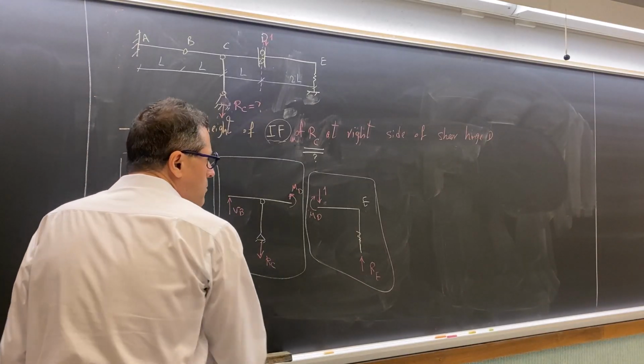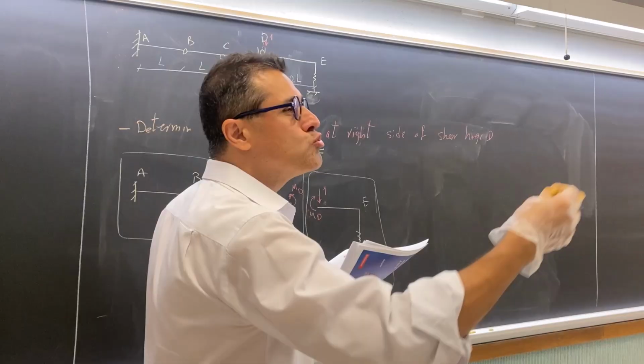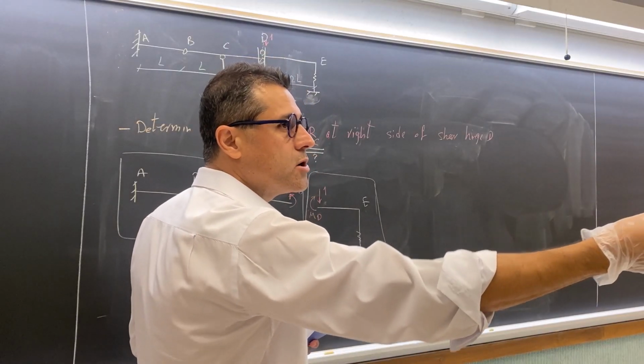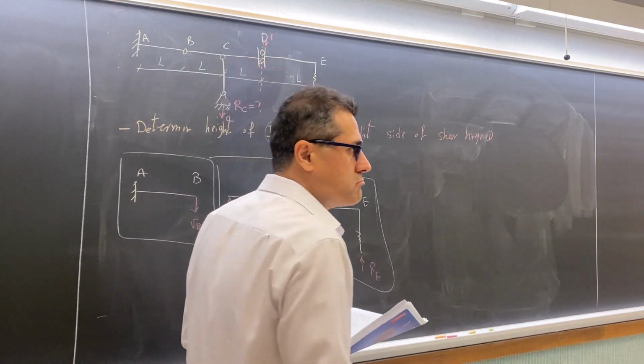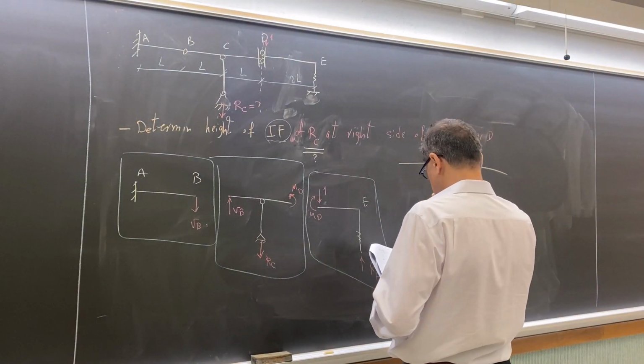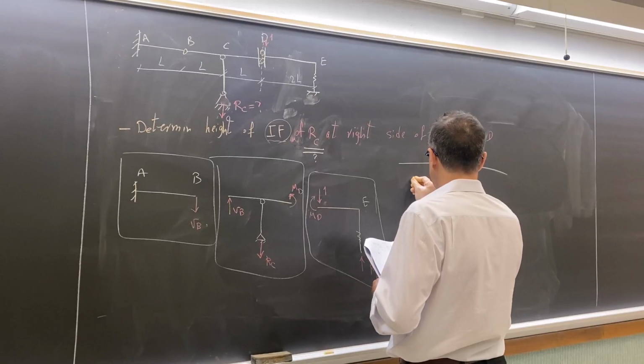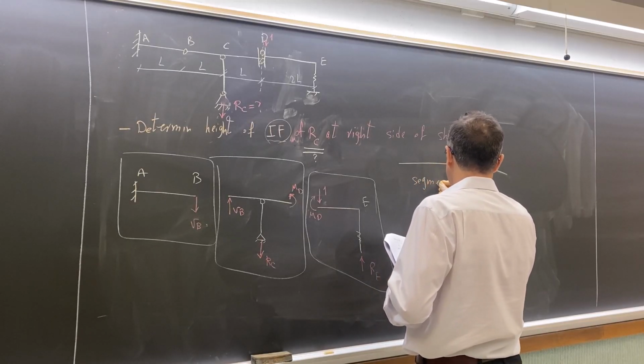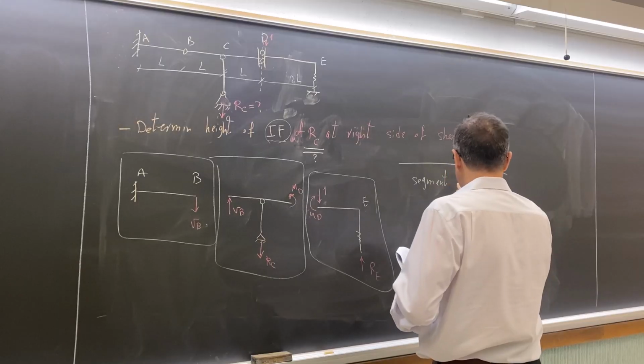So my recommendation is just do not do it based on your feeling, just follow the equation. So now I'll show you with the equation. We write this equilibrium equation for segment DE.